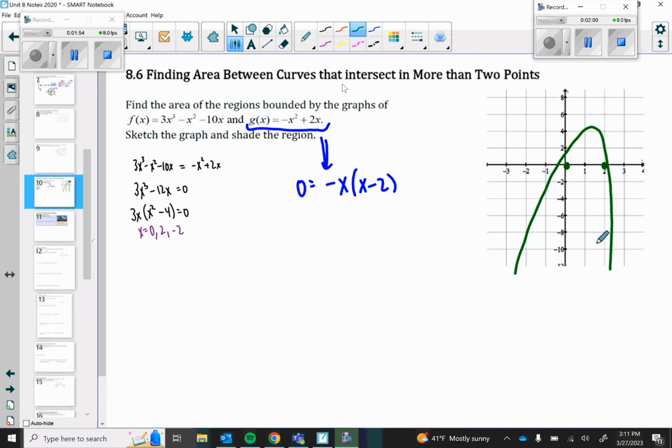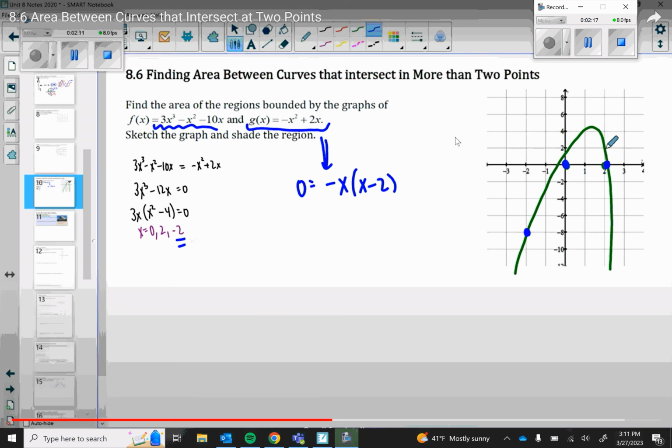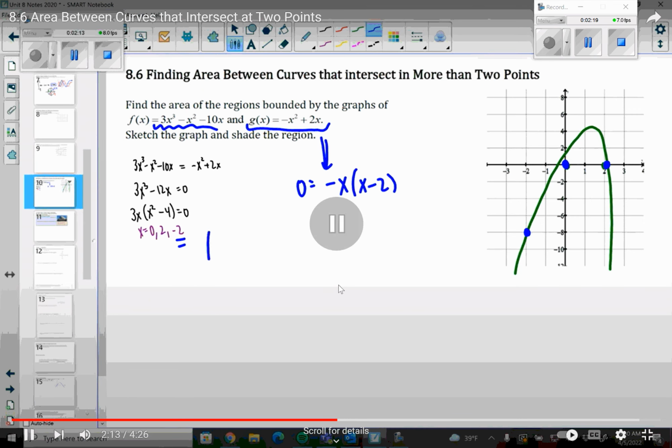It's not totally necessary to be super detailed, though if we wanted to, we could plug in 1 to get that y value. Now again, we know that 3x cubed minus 2x minus 10 is our cubic function. And in a moment, I'm going to draw that. I can see where these two graphs intersect.